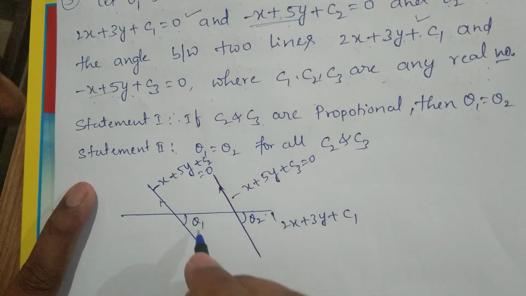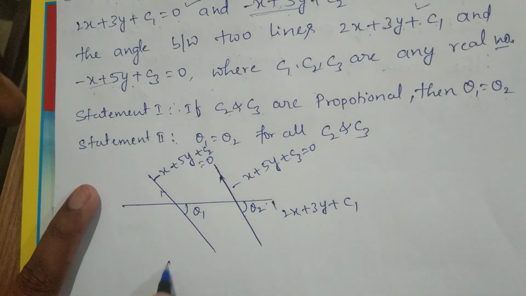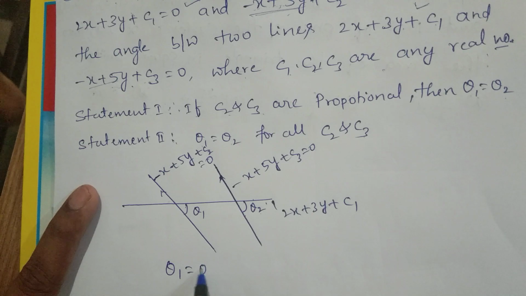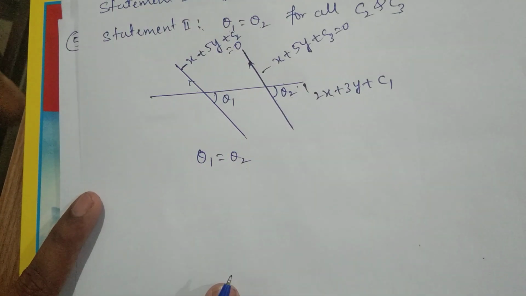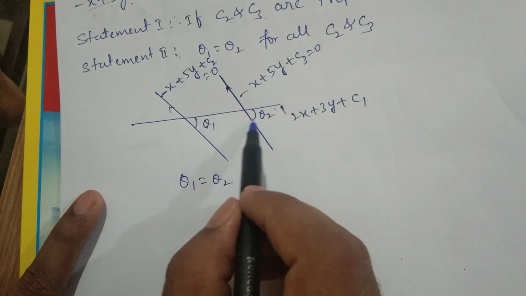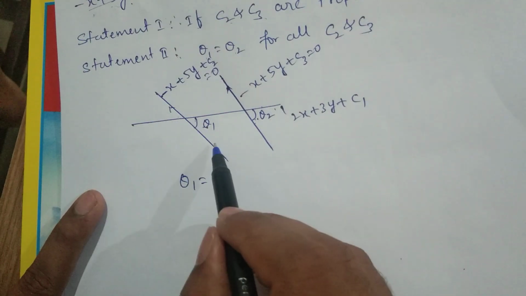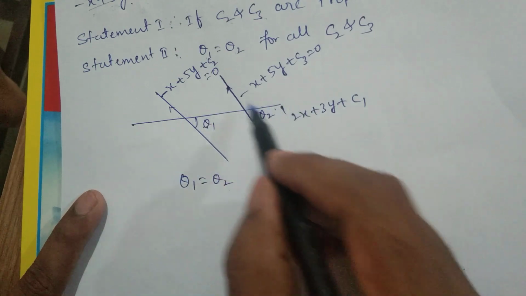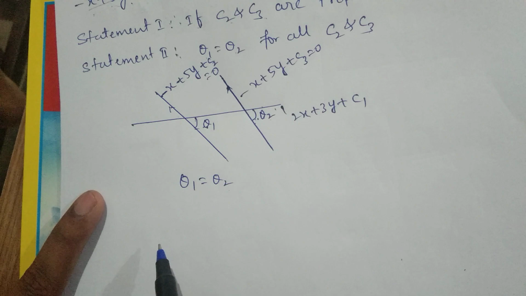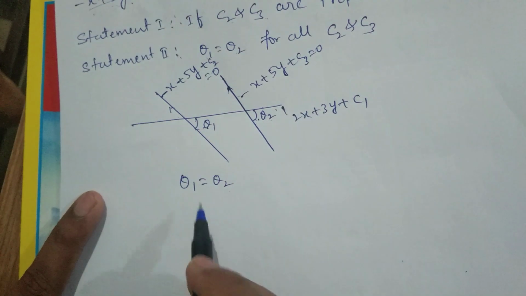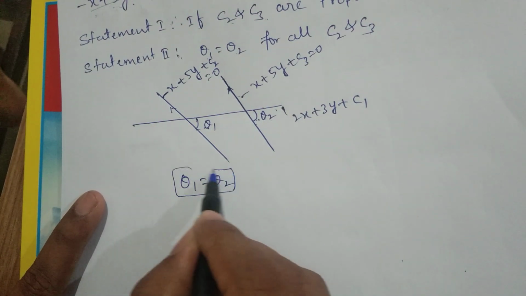These two lines are parallel, so 100% we can say that theta 1 is equal to theta 2. Theta 1 is equal to theta 2. Then the angle made by this line and this line will be equal because these two are parallel, they are equal.